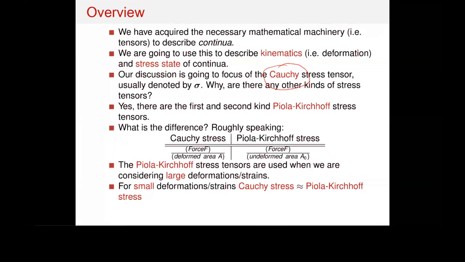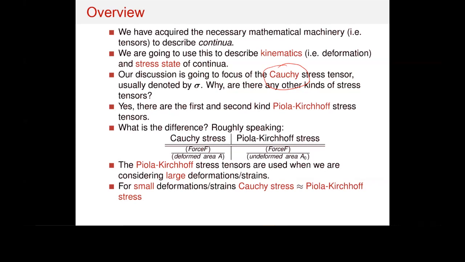There are, I think, 5 or 6 different stress tensors, and all of them are quite popular. But for structural engineering or civil engineering, we mainly discuss the Cauchy stress tensor. I think for your professional life, you wouldn't be using anything other than the Cauchy stress tensor.